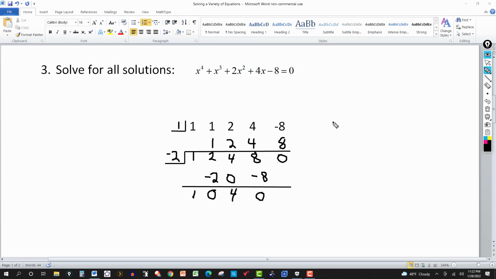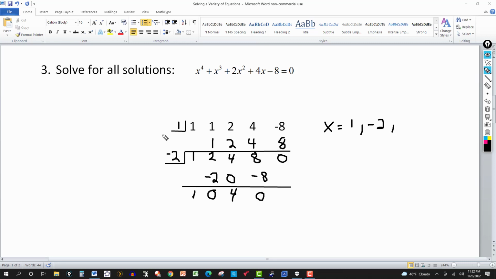So, just with those steps, I know that one solution to this equation is 1. The second solution is -2. So I've got 2 real solutions.